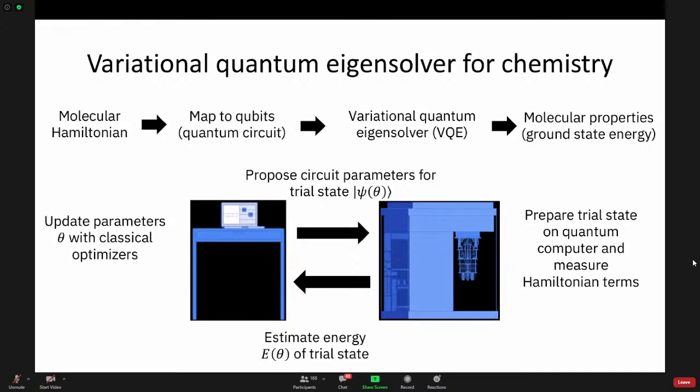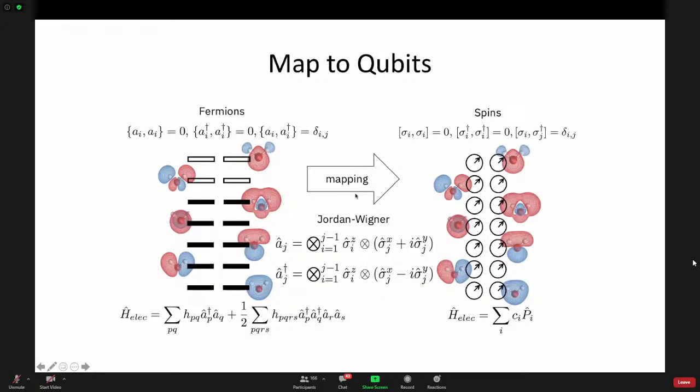So I'd like to describe this process more carefully. First, as I mentioned, we need to transform the fermionic Hamiltonian into a qubit Hamiltonian. So we use a mapping to do so, and the Jordan-Wigner mapping is one of the most frequently used mappings.